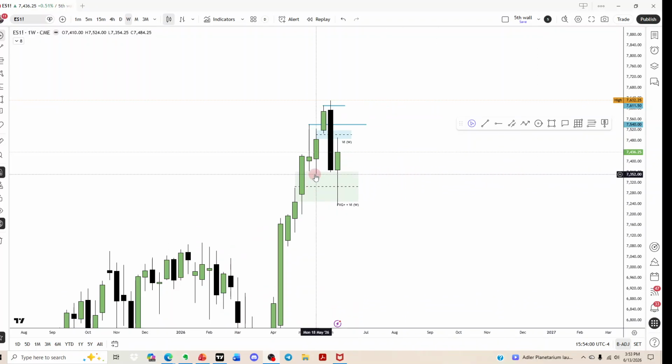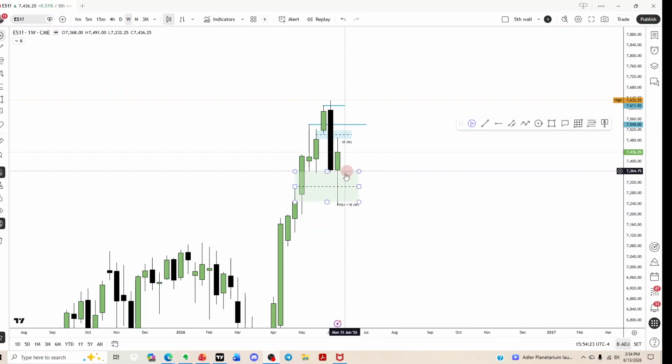Another thing in terms of this week, we have this premium PD array here, volume imbalance again. This was the range price was in when it opened here. It ran that low, ran into this volume imbalance, and then pulled back above the fair value gap.